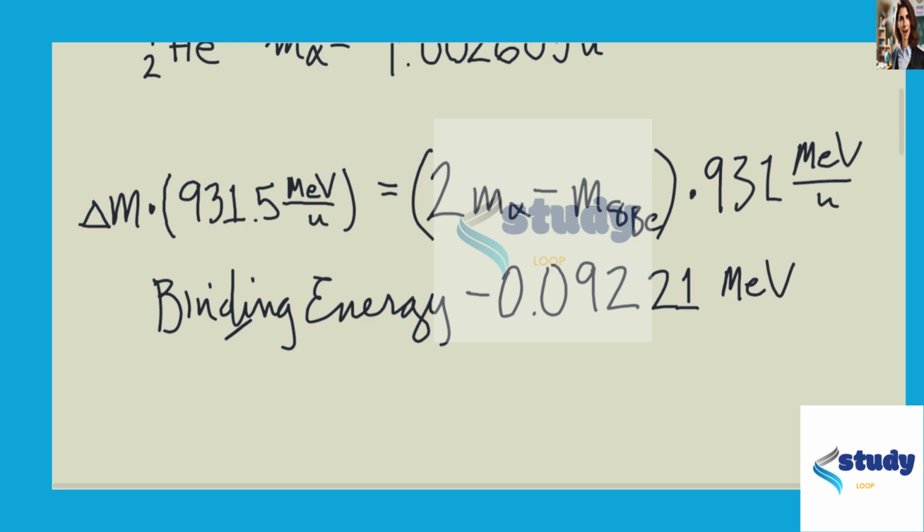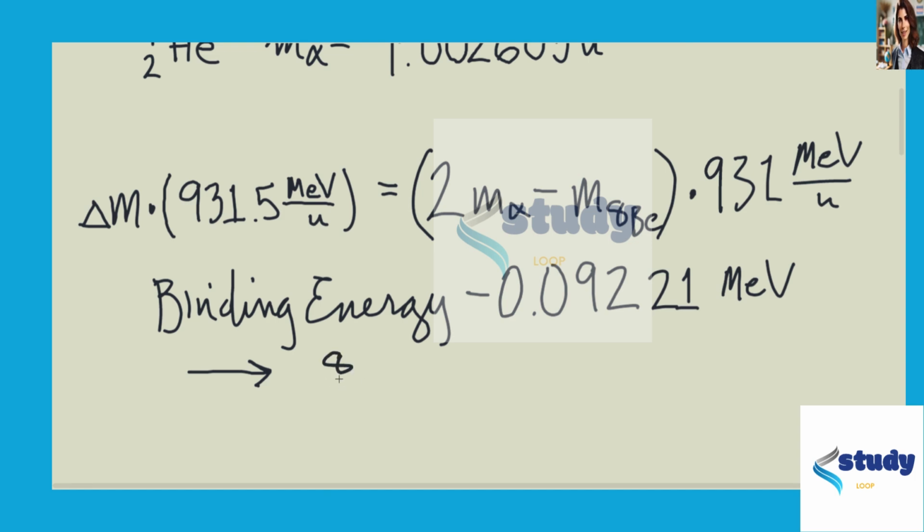And from what we said above, if we have a negative binding energy in this case, it implies that the parent is unstable. So as the problem asked, let's just write out the actual compound here.